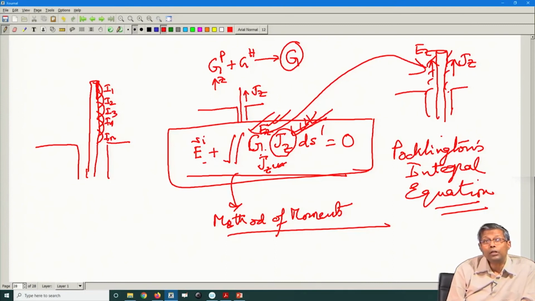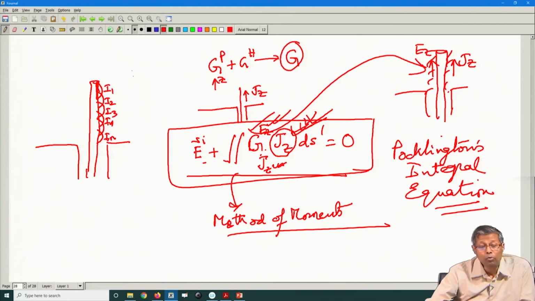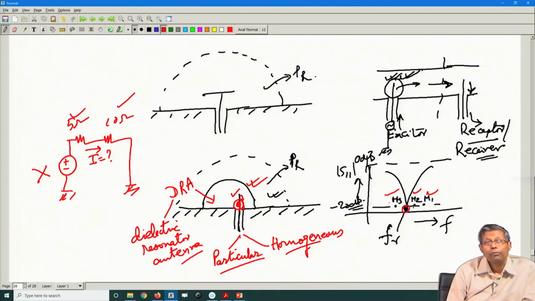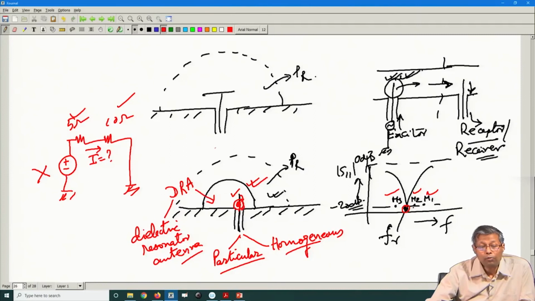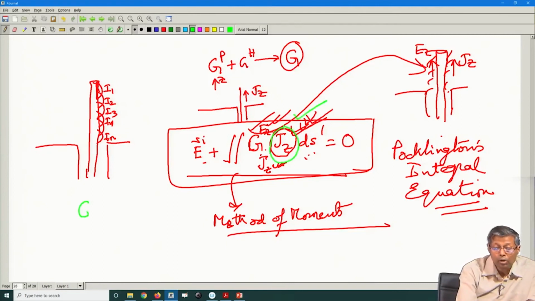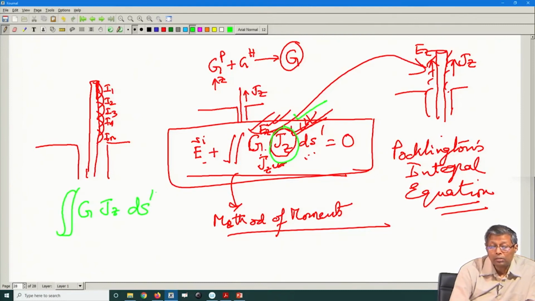What is called making this equation appear in reverse gear? I told you I want to quantify the amount of radiated power due to these modes. What are the powers radiated by these modes at this frequency? In order to find that out, once the current is obtained from the Pocklington's integral equation, I can find out G Jz ds, because this current is known and this Green's function is known.